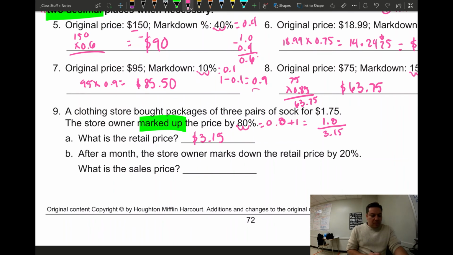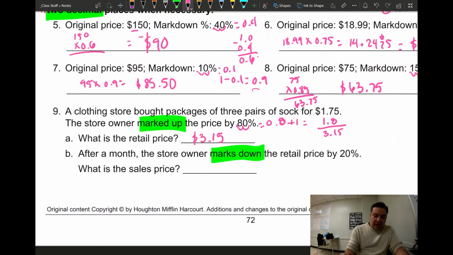Now, after a month, the store owner marks down the retail price by 20%. Now, they didn't get sold because they were too expensive, so he had to do a markdown. So now we're going to look for the new sales price.